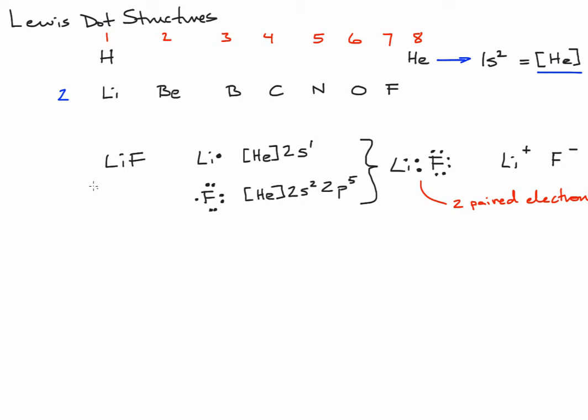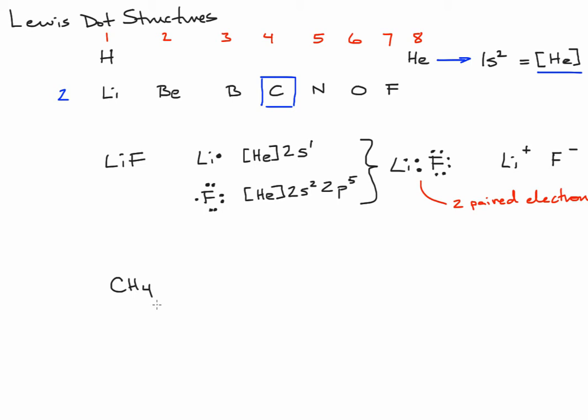Now let's examine a carbon-based compound. So organic chemistry is going to be primarily focused on the chemistry of carbon. Carbon is in group 4, so it has a total of 4 valence electrons. Let's go ahead and look at the simplest hydrocarbon here.